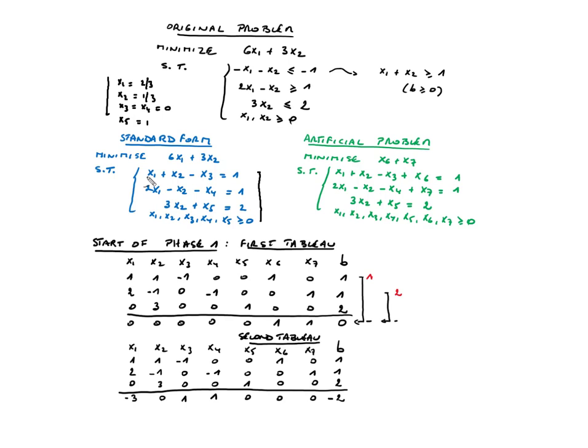And as you can see, this is okay for the first one, 2/3 plus 1/3, it's 1. 4/3 minus a third is 1 as well, and 3 times x2, that's 1, plus x5, 1 is also equal to 2. So this means that we can continue with the second phase of the problem.